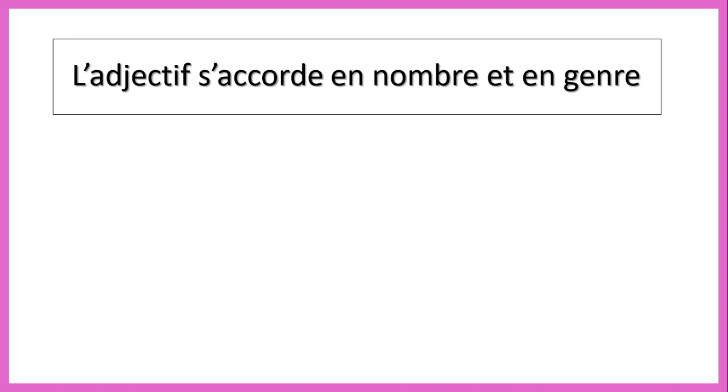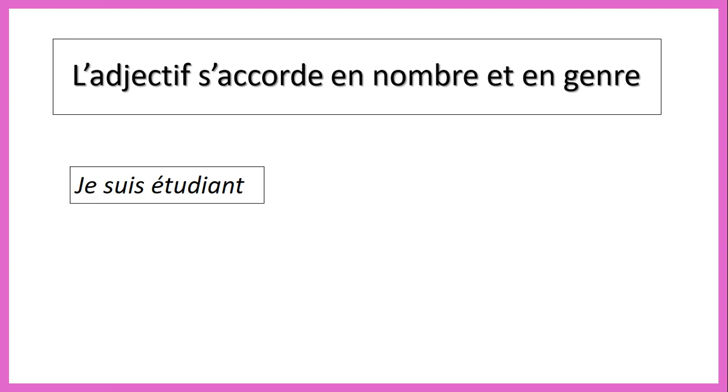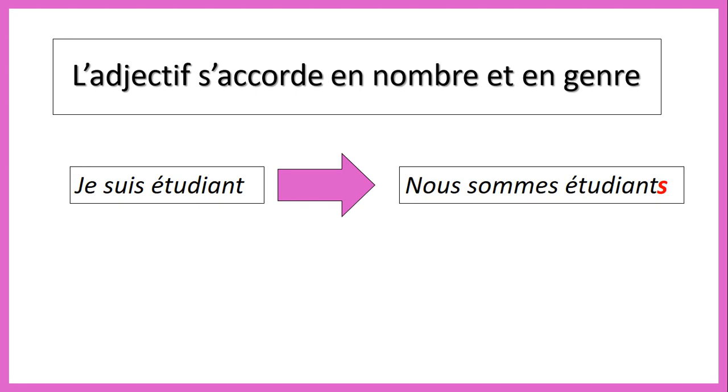Let's jump in and go straight to the adjectives. As you might have noticed so far, the adjectives in French agree when it comes to number and gender. As an example, in this simple sentence, je suis étudiant, meaning I'm a student, when I want to say it in a plural form, I'm going to add that S, that red S. So, nous sommes étudiants.